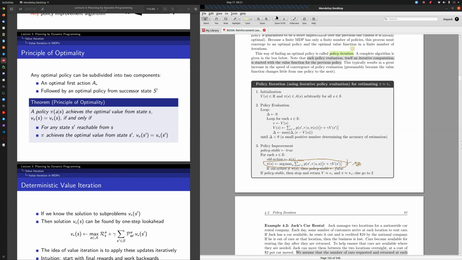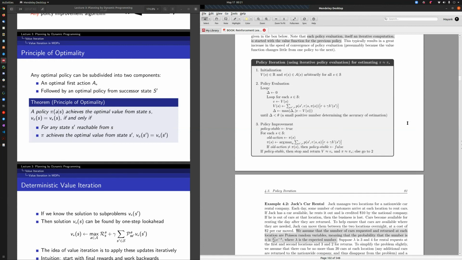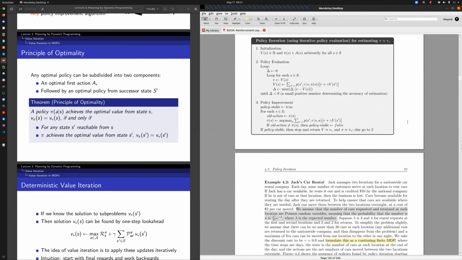And for the update, our policy will not take just the argmax, but a combination of the maximizing values plus epsilon divided by the number of actions, multiplied by the expected return.